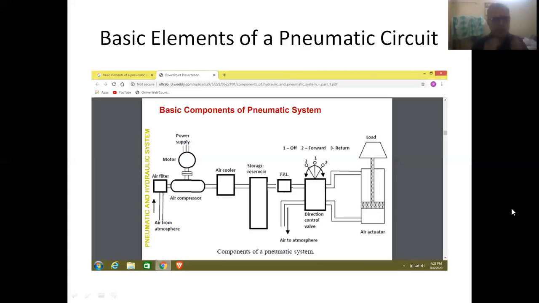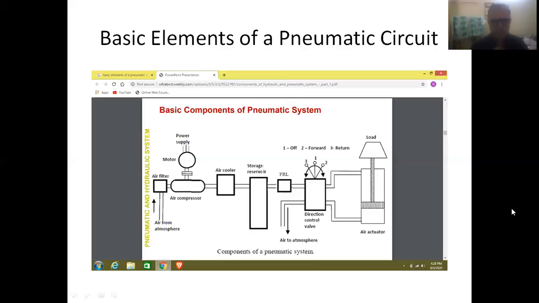So a metallic tank is placed in this position for storing high pressure air. Therefore, it is referred to as a storage reservoir, and it is used for storing high pressure air coming out of the compressor. Therefore, it can also be called an air reservoir.